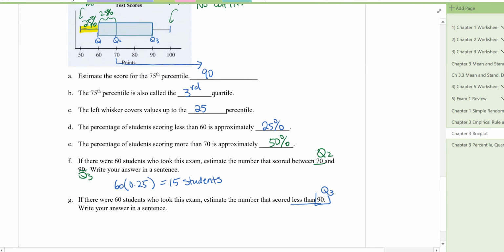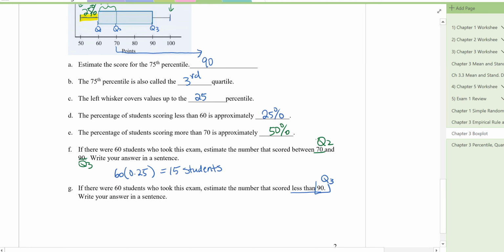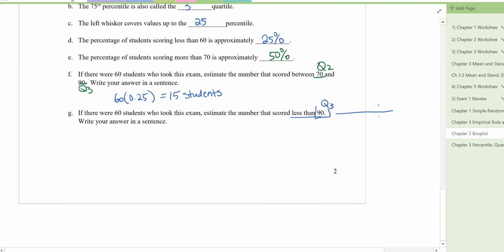So Q3 separates data into the bottom 75% and top 25%. So 75% of 60 students will score less than 90. So 60 times 0.75, that is 45 students.